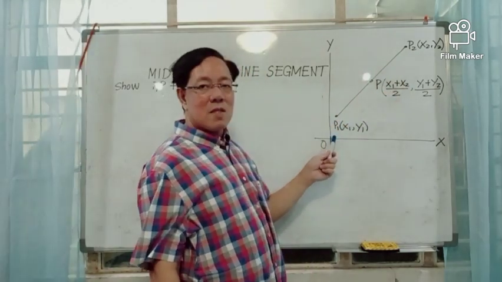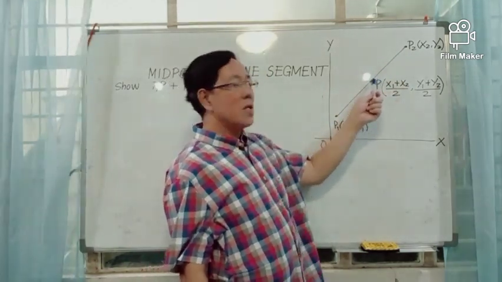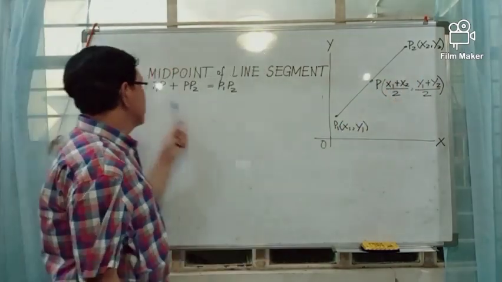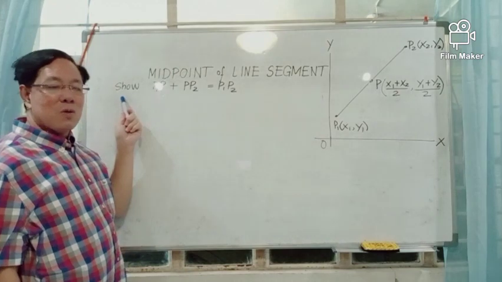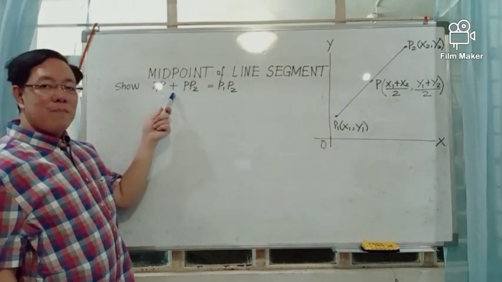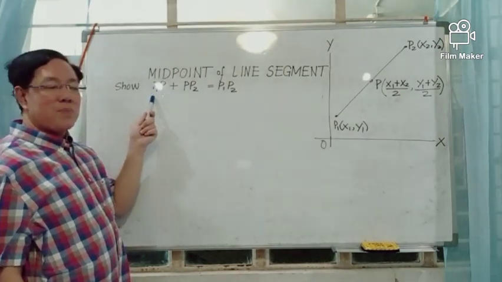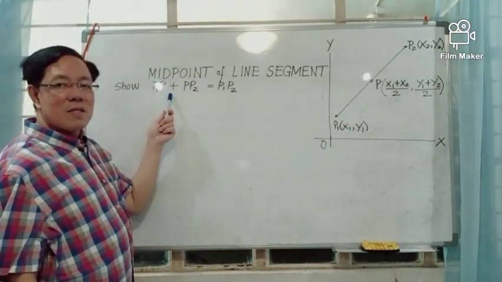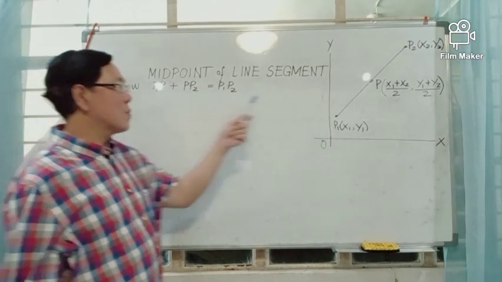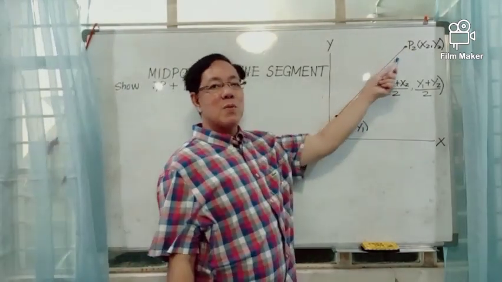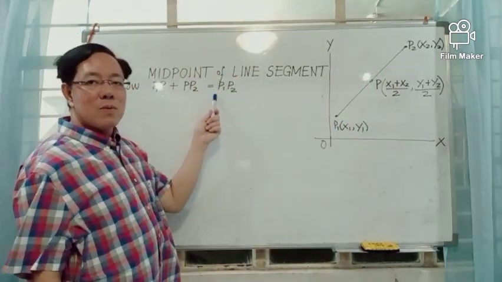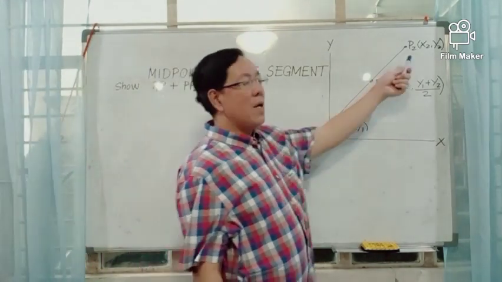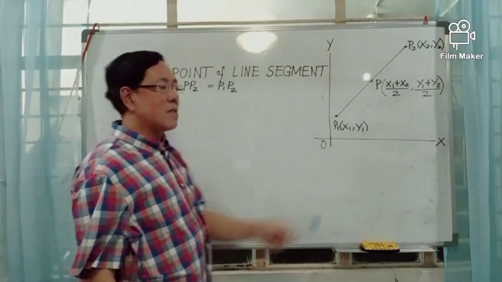That is, the distance from P1 to P is equal to the distance from P to P2. And we will now show that the sum of the distance from P1 to P plus the distance from P to P2 is equal to the distance between the endpoints P1 and P2 of the line segment.